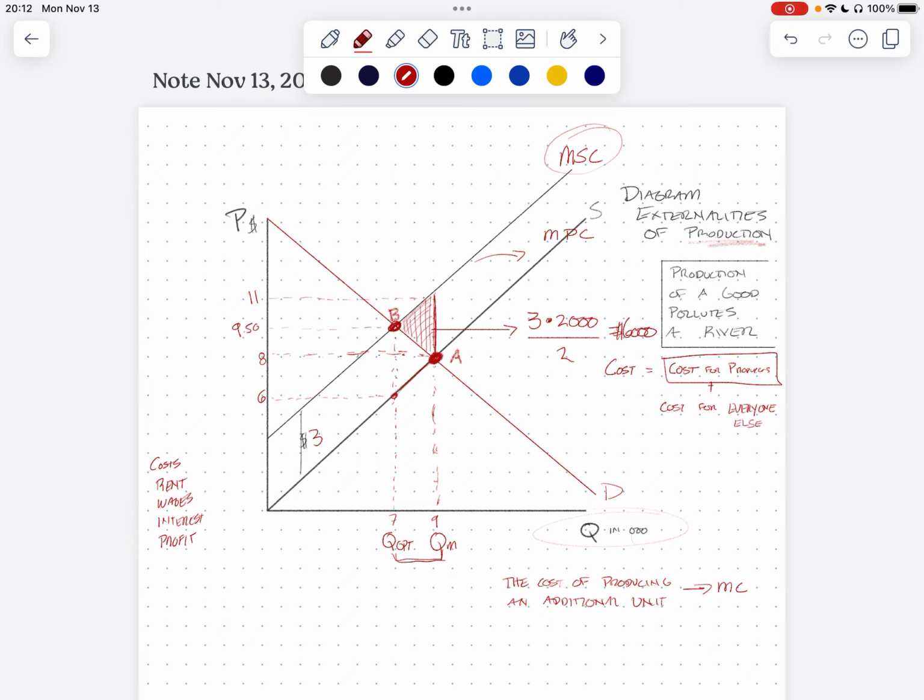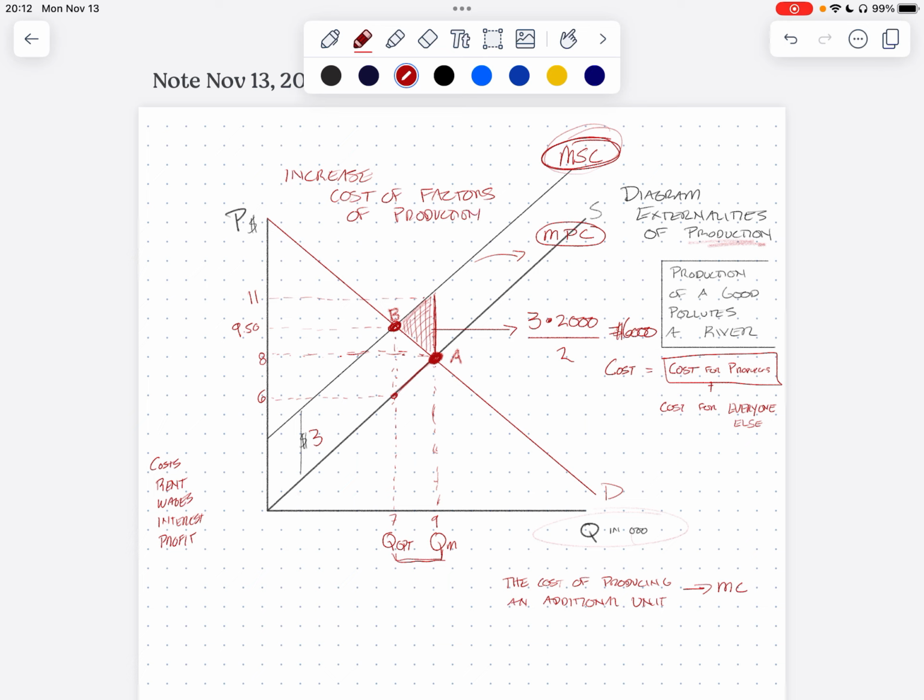So I hope that this video has given you a sense of the ways in which the difference between marginal private cost and marginal social cost are really just related to a shift that we're familiar with, which is an increase in the costs of factors of production.